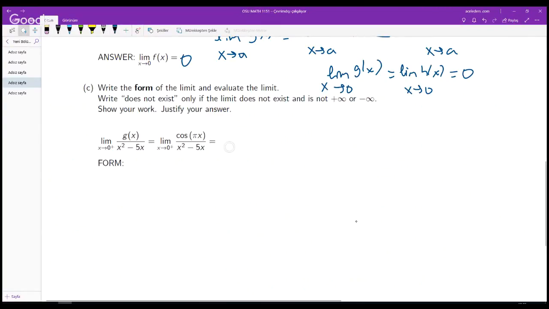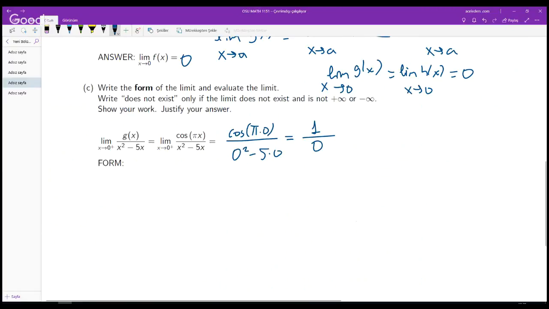So let's check cos(π times 0) over 0 squared minus 5 times 0. The numerator, cosine 0, is 1. And the denominator, 0 squared minus 5 times 0, is 0.